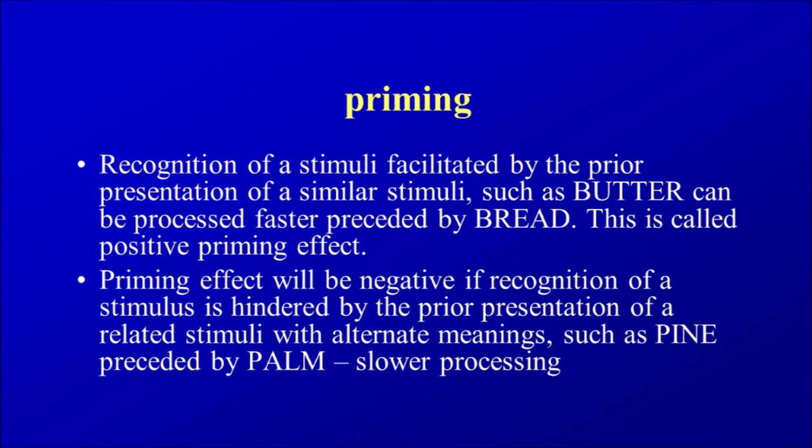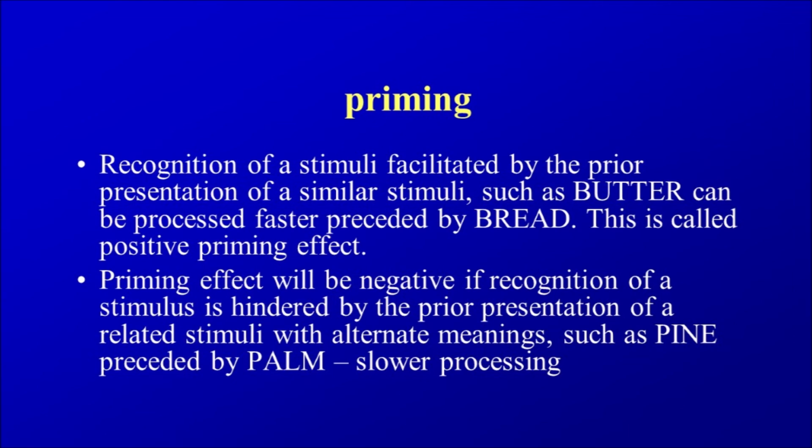Priming. Recognition of a stimulus facilitated by the prior presentation of a similar stimulus, such as butter, can be processed faster, preceded by bread. And this is called priming effect. Particularly when priming is facilitating, then we call it positive priming effect or facilitating priming.